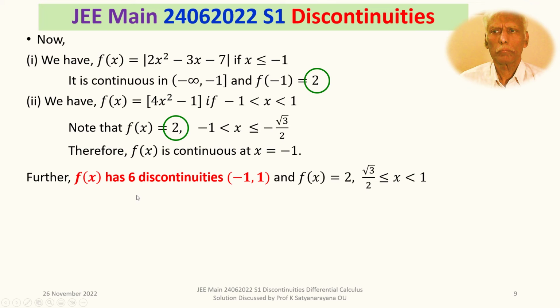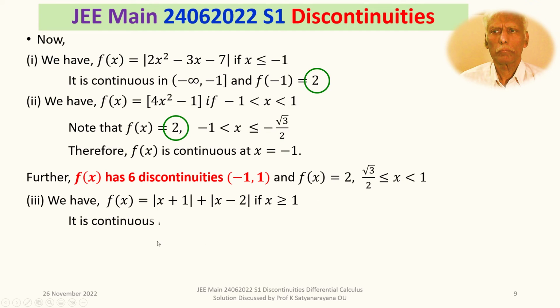Let's get into the third branch. We have f of x is equal to this if x greater than or equal to 1. And we have seen it is continuous in the interval 1 to infinity, closed at one end. And we have already seen f of 1 value is 3. Now what we see is this 2.